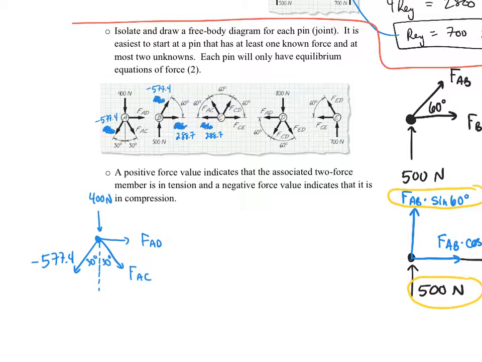If I use cosine and sine for x and y, what do I have to remember? When I find the x component or the y component of a force, what do I have to remember about the angle?